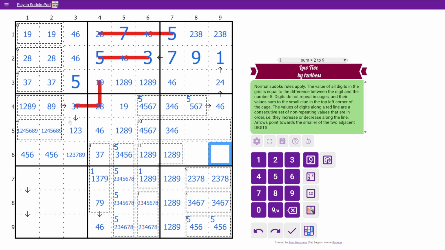Anything that I can see? These can still be a 0 with a 3 value, which is 2 or 8, which would be a 5 with a 2 or 8.